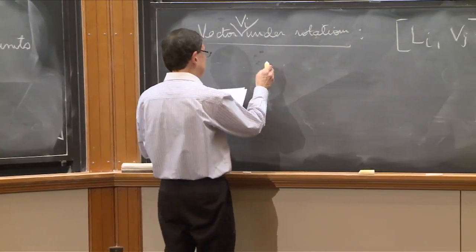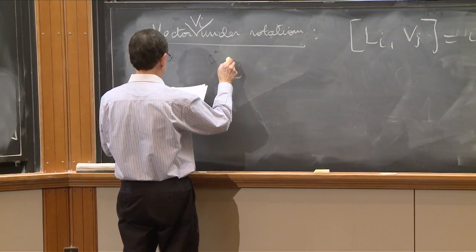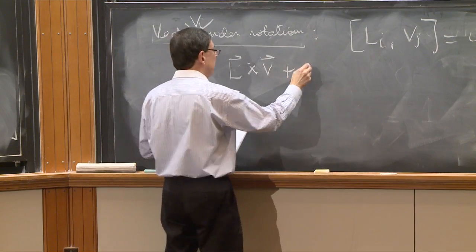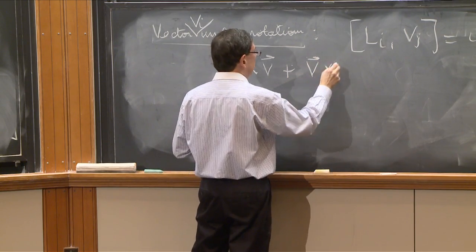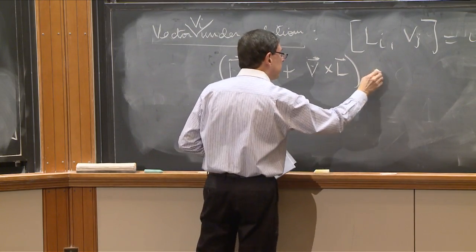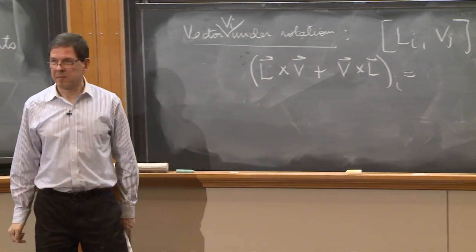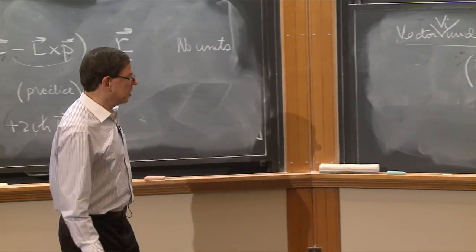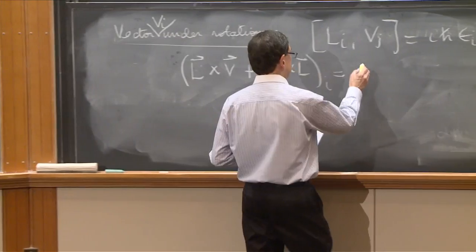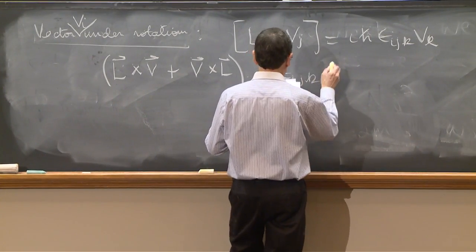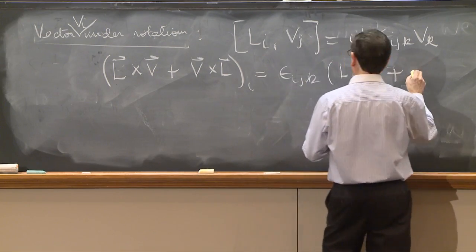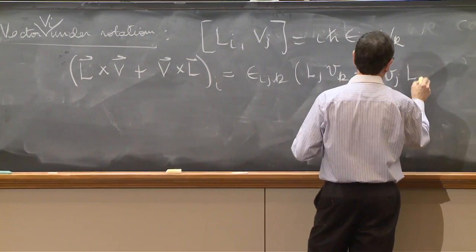You probably have seen that in the notes, but let me remind you. Consider this product, L cross V plus V cross L, and the ith component of it. So this is epsilon i j k, and you have L j V k plus V j L k.